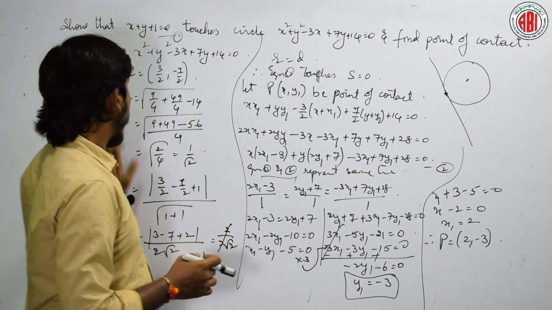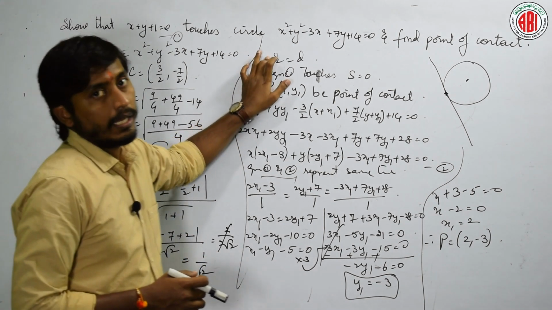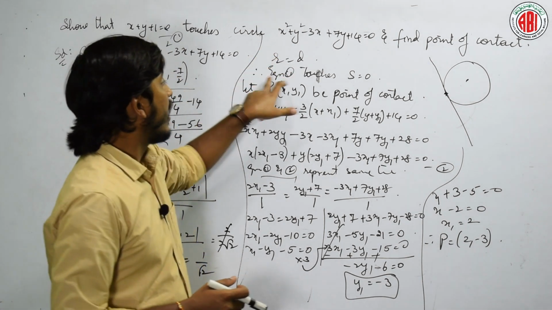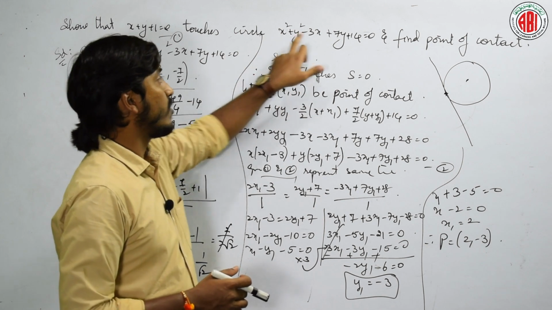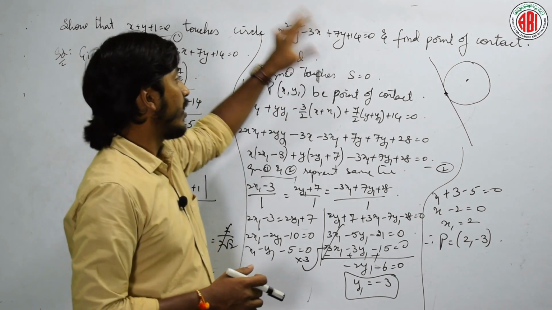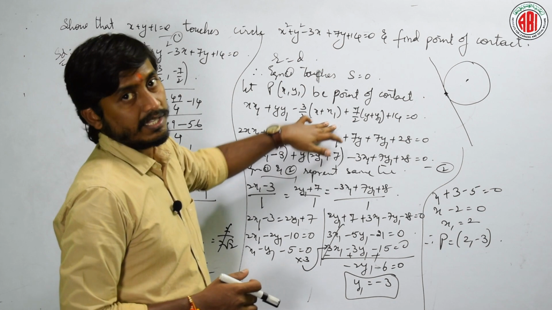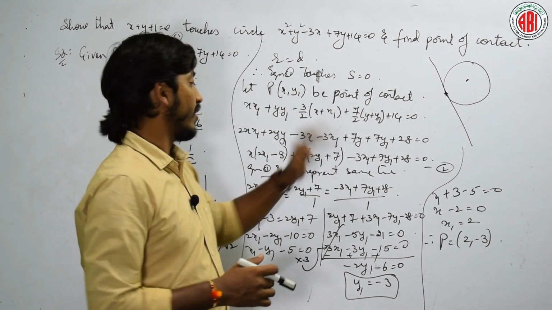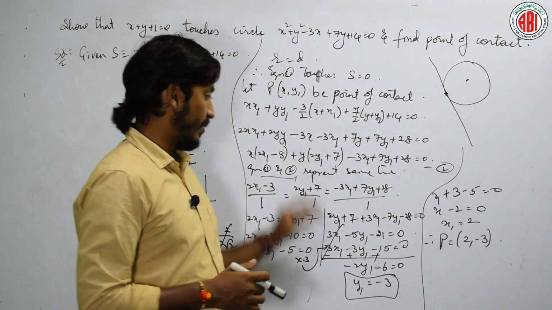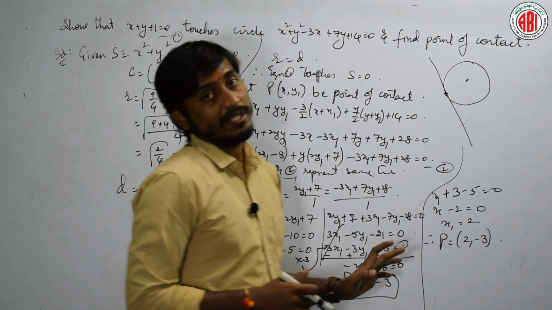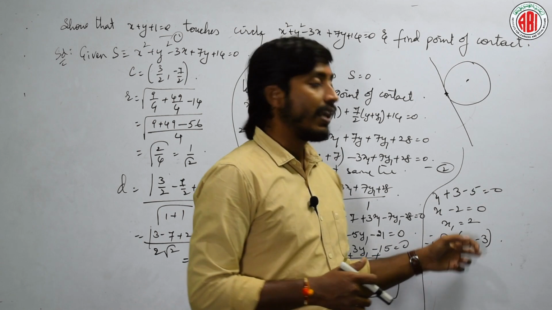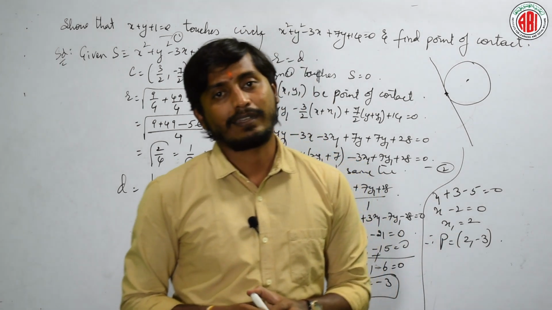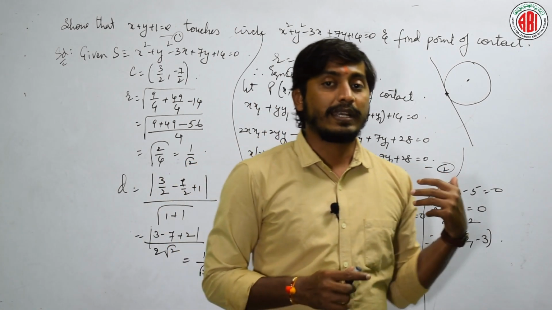So, we proved the condition R is equal to D. After that, again we assumed x1 and y1, then found the equation of the tangent, and we said that this equation and this equation represent the same line. So, after equating, we get the values of x1 and y1, which is nothing but our point of contact. Clear? Did you understand?